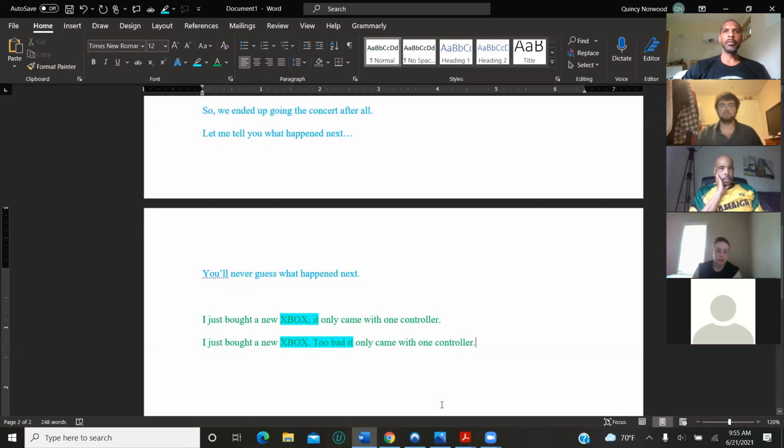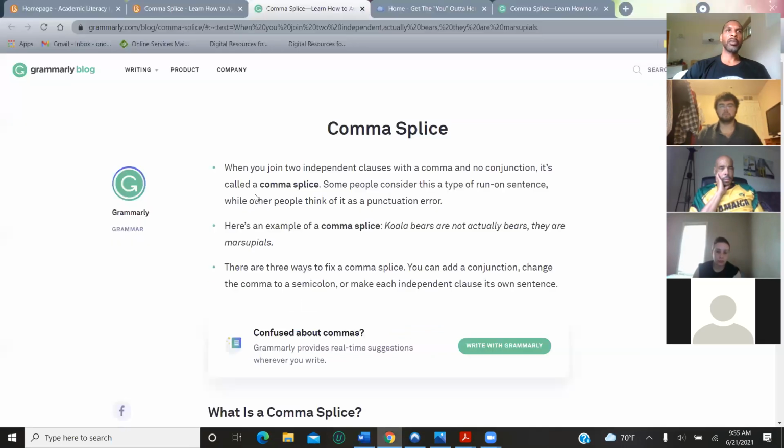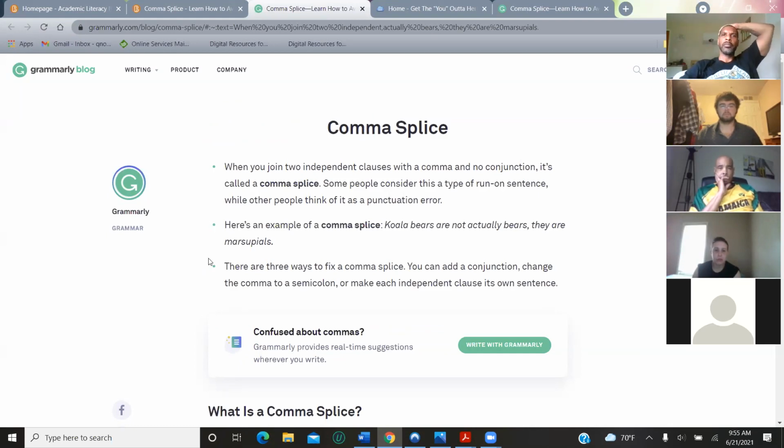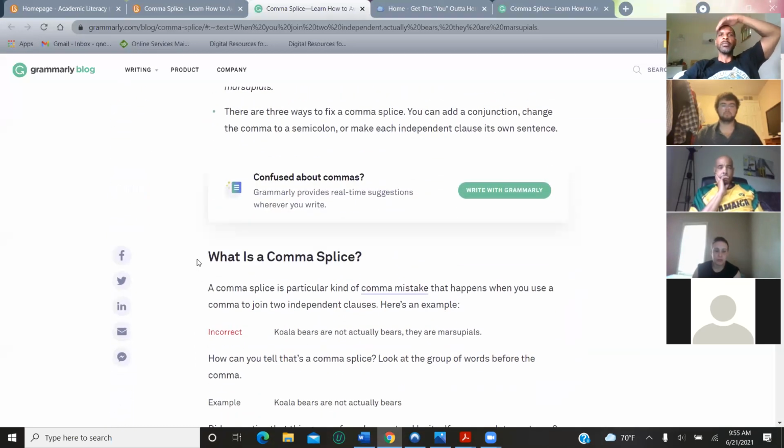But let's consult Grammarly. Grammarly always gives these short tutorials. What is a comma splice? Koala bears are not actually bears, they are marsupials. How can we tell that's a comma splice?